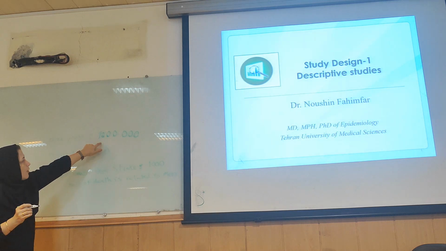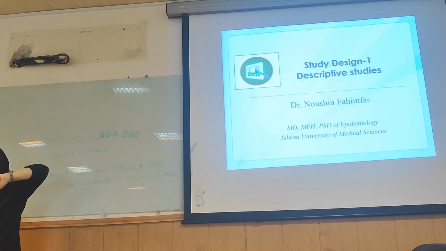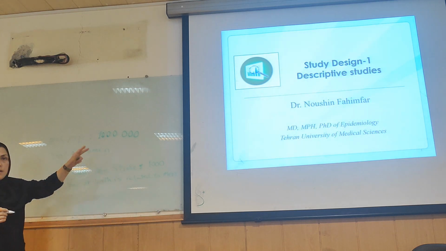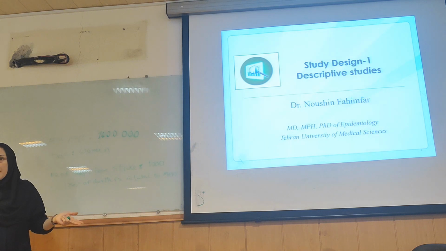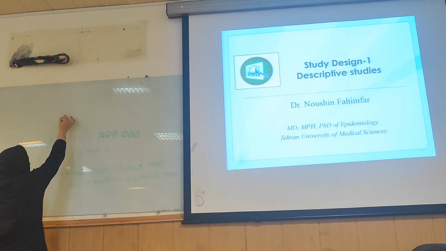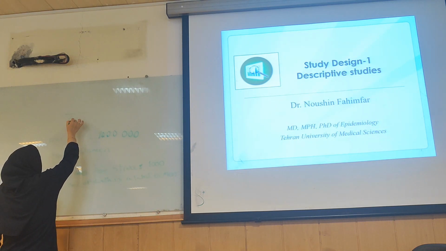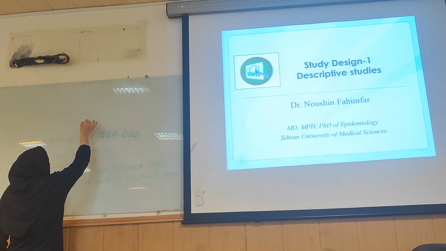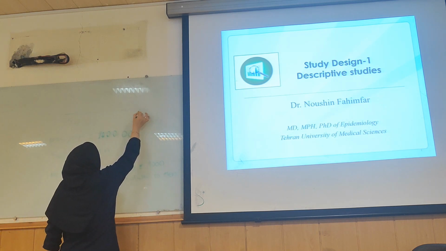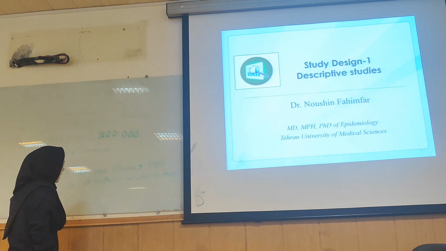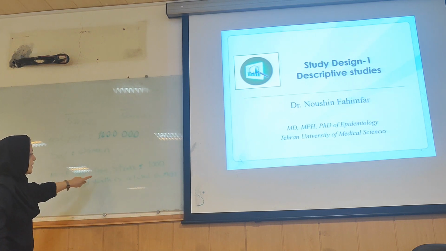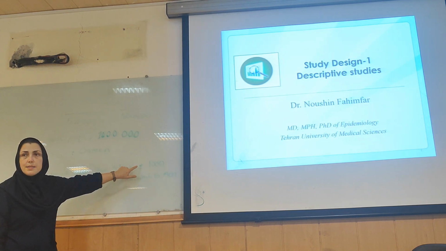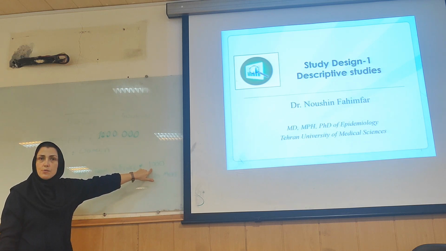Our total population is 1 million, and 50% are women, 50% are men. So the population is 500,000 for men and 500,000 for women. On the other hand, we know that the total number of deaths from stroke is 1,000.